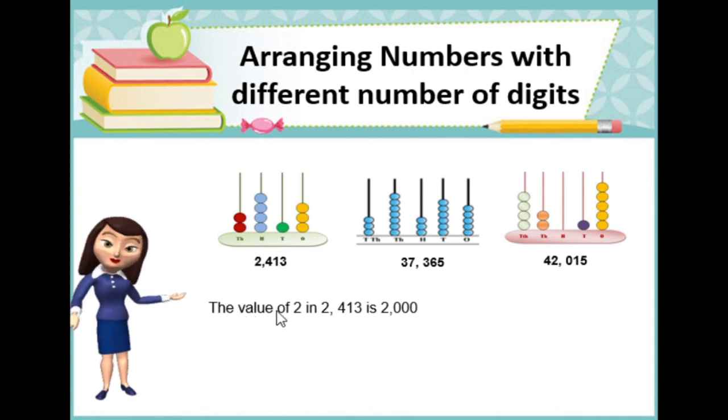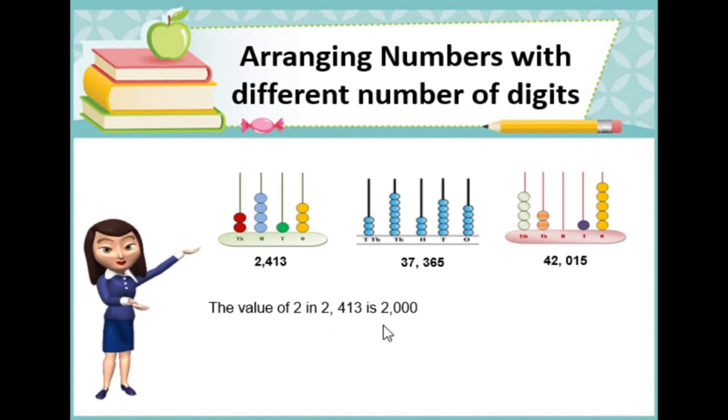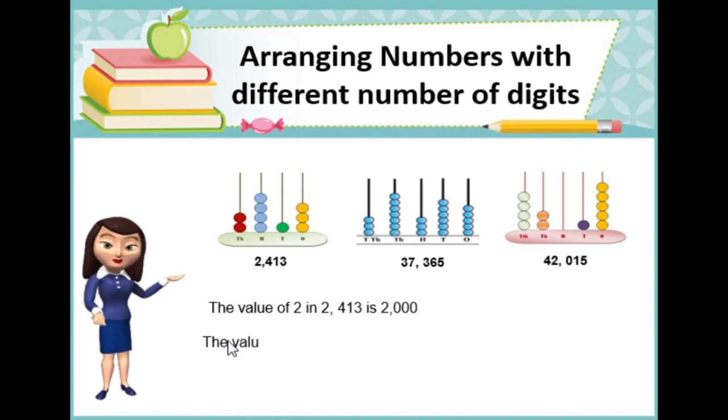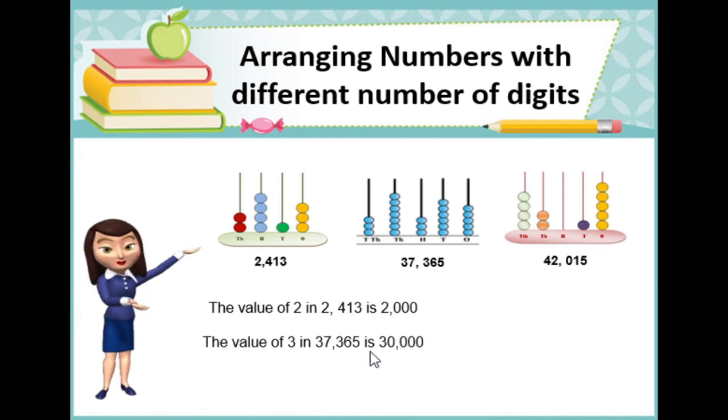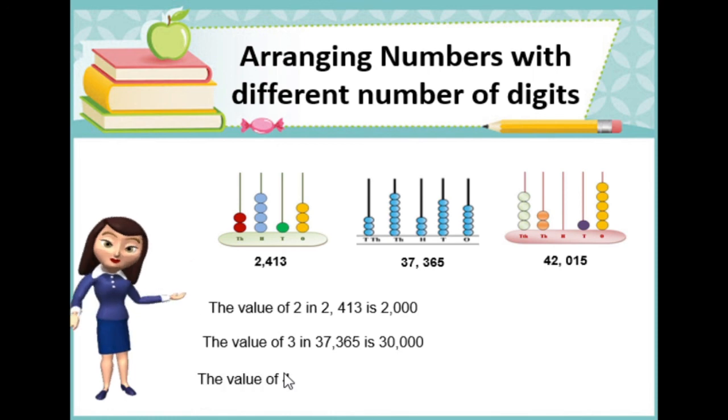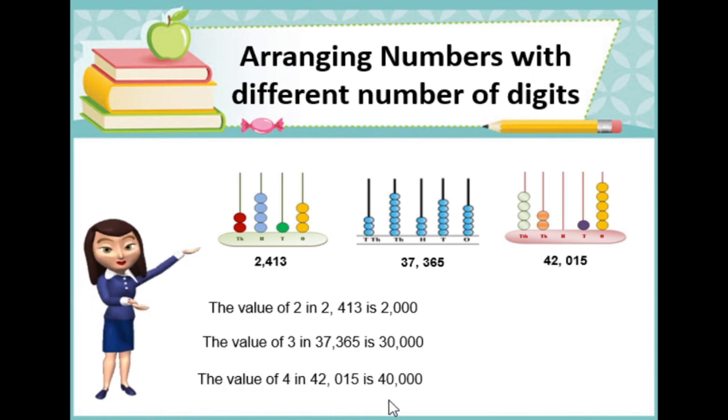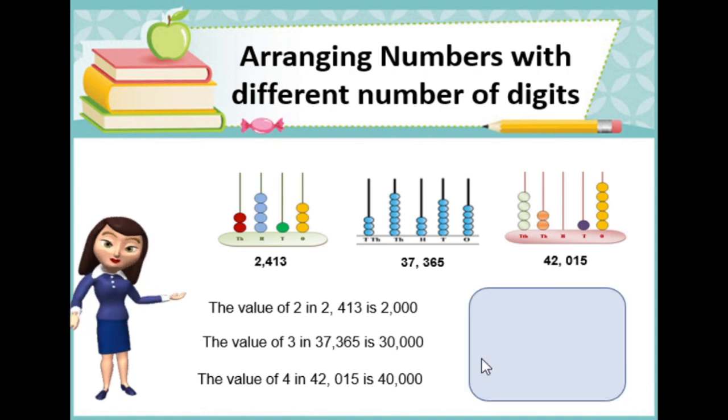First, the value of 2 in 2,413 is 2,000. The value of 3 in 37,365 is 30,000. And the value of 4 in 42,015 is 40,000. That means, what is the smallest?